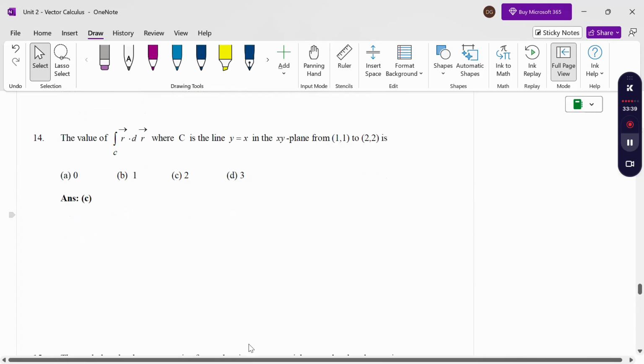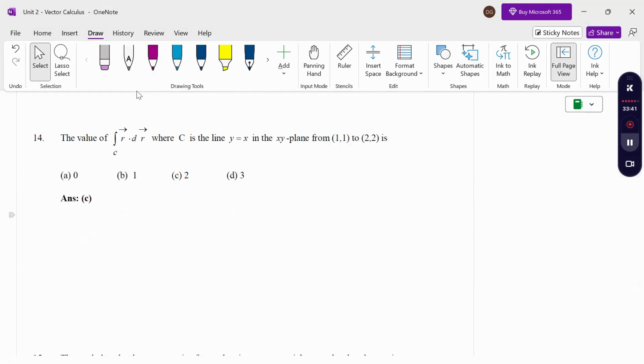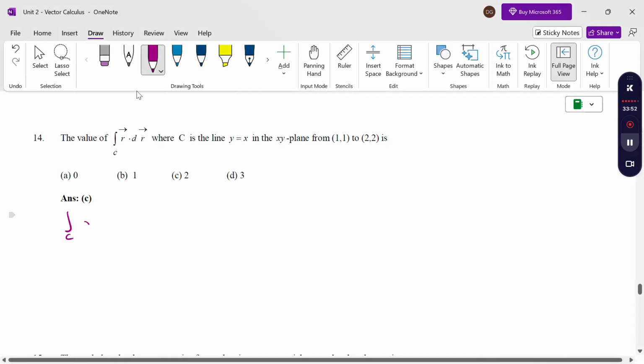And the 14th one, see the value of the integral over C of r vector dot dr vector, where C is the line y equal to x in the xy plane from the point. So therefore the integral over C of r vector dot dr vector is nothing but r vector, x i vector, y j vector, z k vector, dr vector, dx i vector, dy j vector, dz k vector.